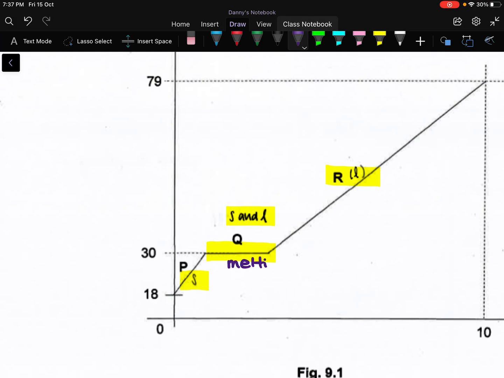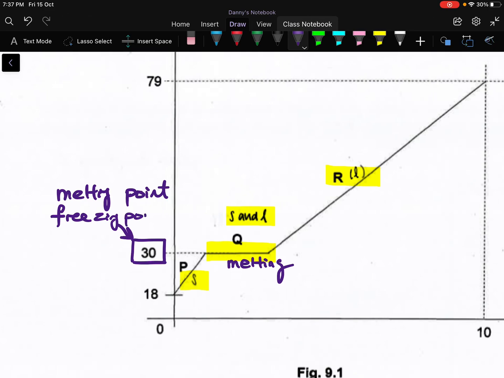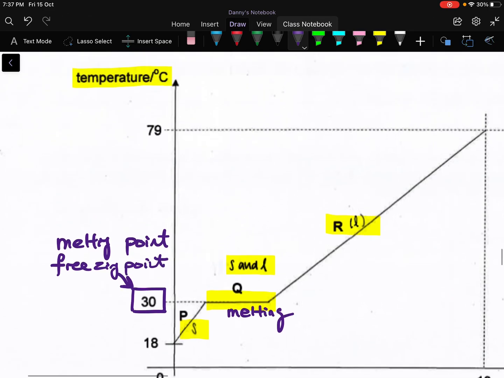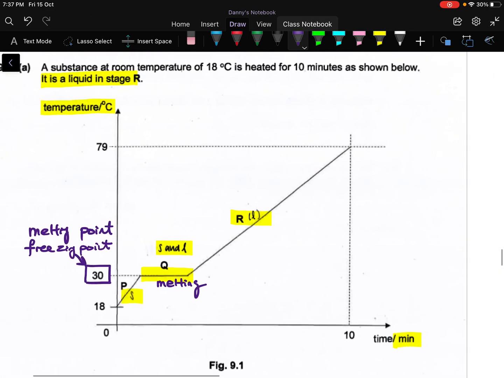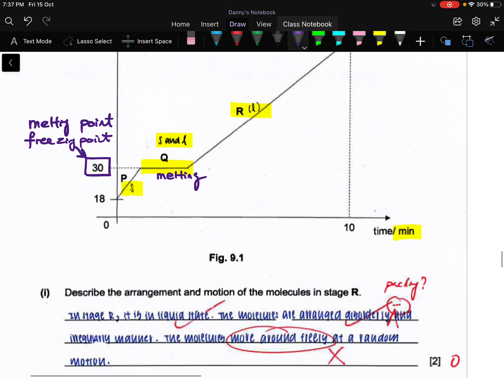So it means that this must be melting. And you can also see that this is your melting point. In other words, if this is the melting point, this will also be the freezing point. So just by reading the context, you can already deduce much information from this temperature-time graph.